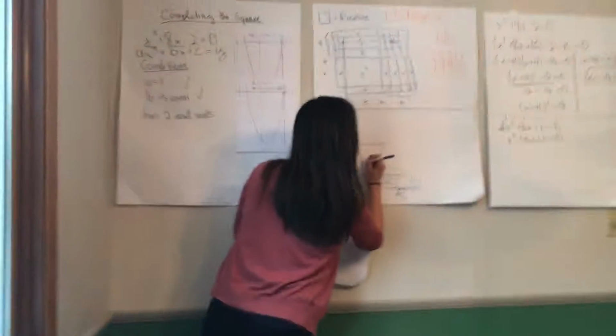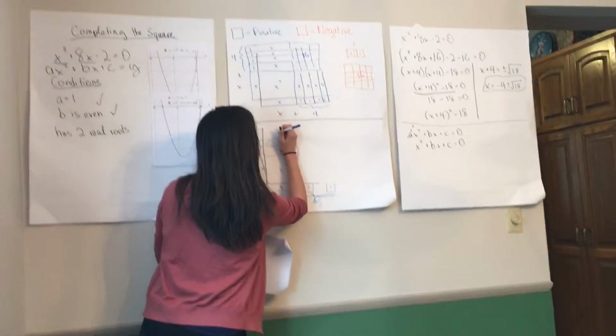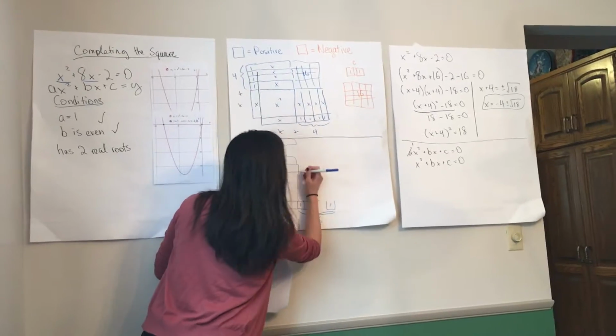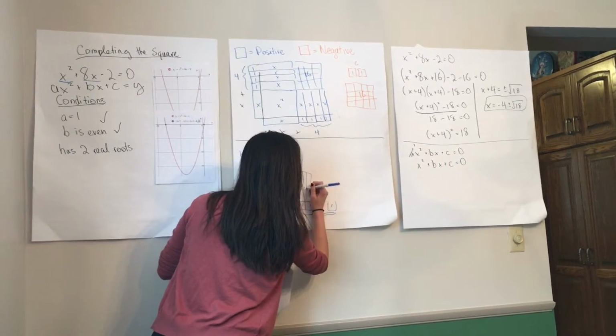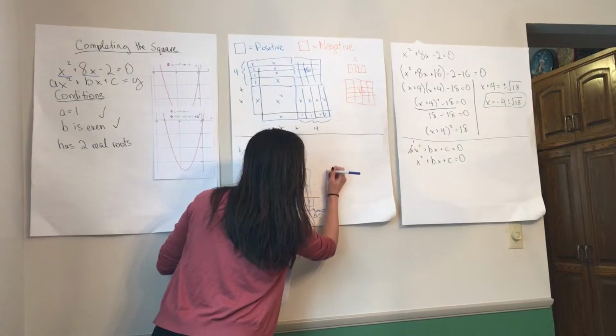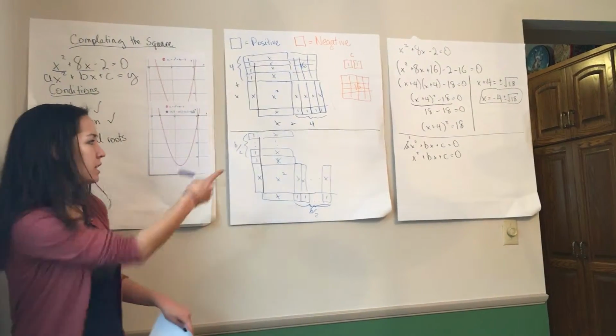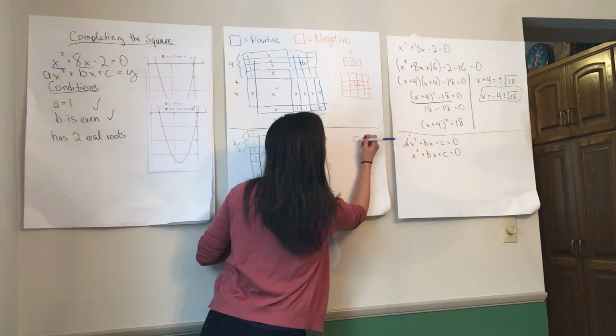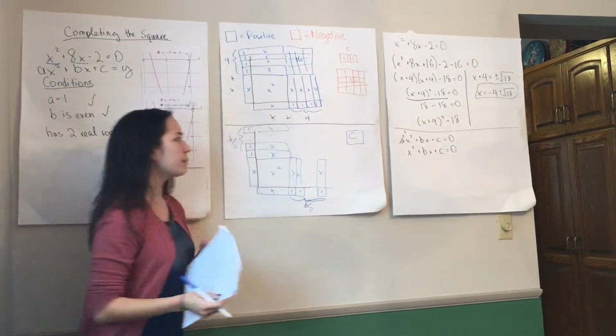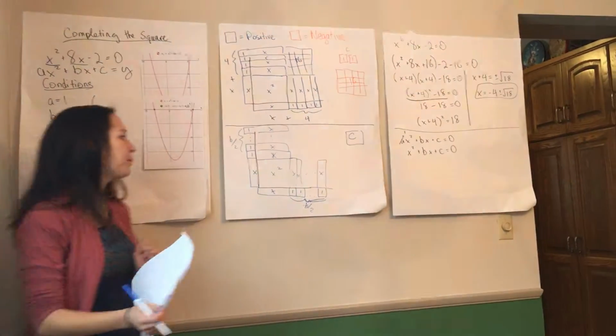So we have our x squared, and just like before, we're going to put our c off to the side. So whatever our c value is, and we don't know how many tiles are in there right now.